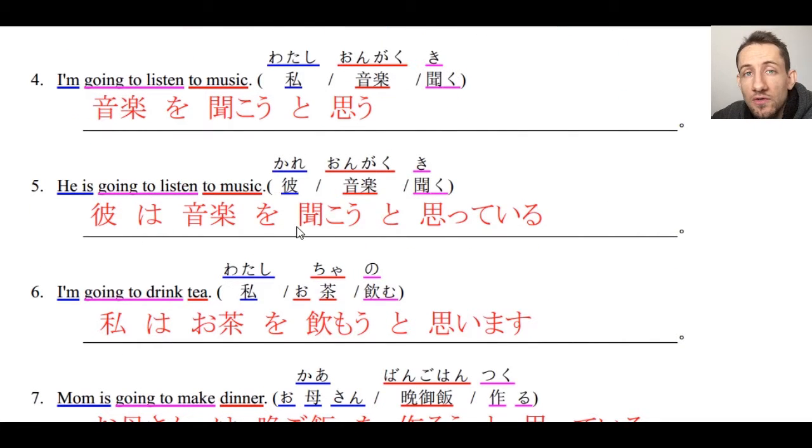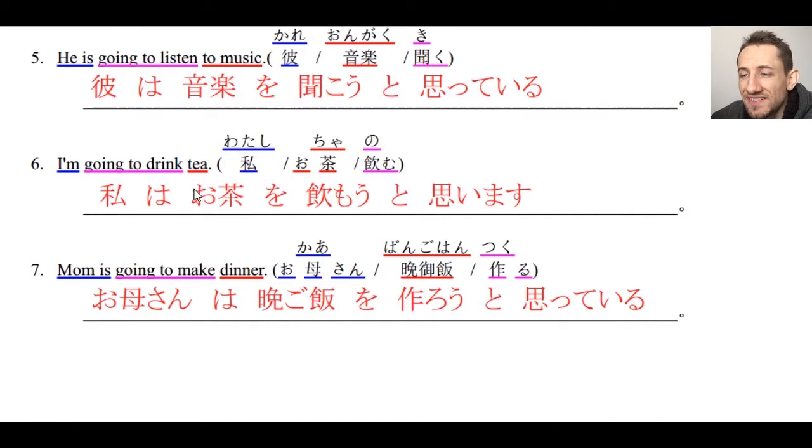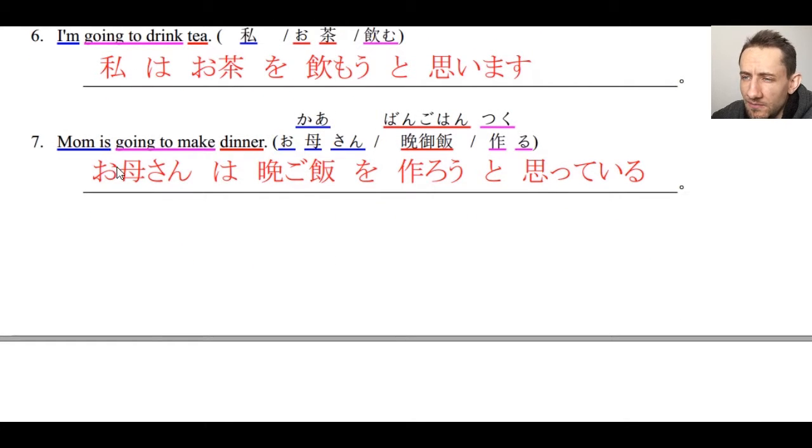Number 5, he is going to listen to music. 彼は音楽を聴こうと思っている。or 聴こうと思っています。Number 6, I'm going to drink tea. 私はお茶を飲もうと思います。or お茶を飲もうと思う。Number 7, mom is going to make dinner. お母さんは晩ご飯を作ろうと思っている。or 作ろうと思っています。It's fine.